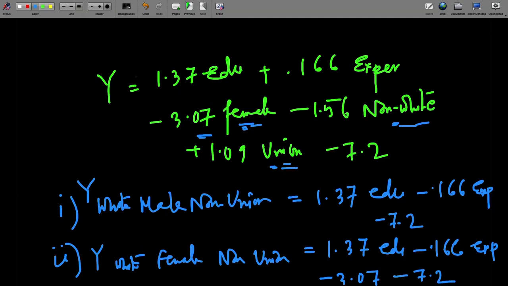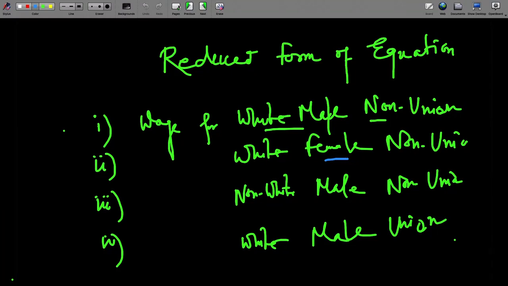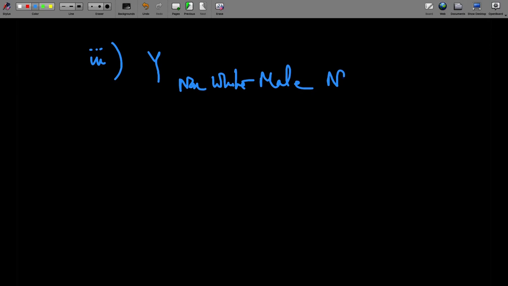Now if I want to get my third equation, I want to have non-white male non-union. So y, let's say y non-white male non-union. So it is non-union.